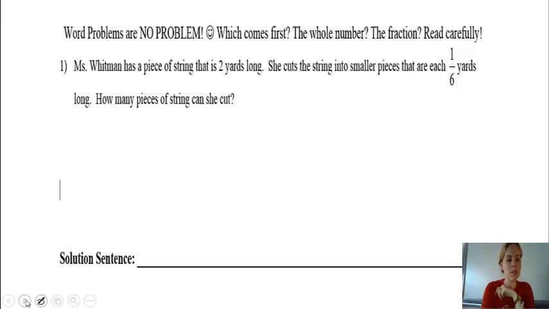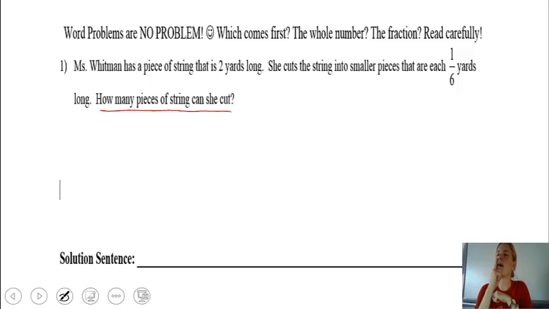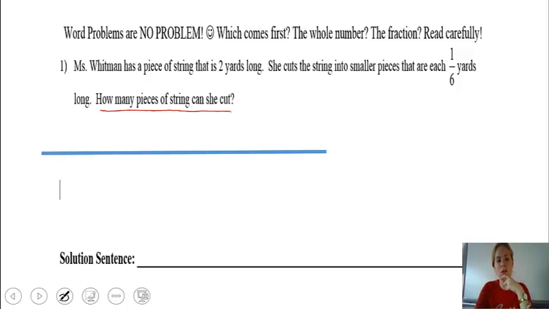Well, first, I'm definitely going to underline how many pieces of string. And this reminds me of those questions we would write about how many pieces of pizza do I have? Well, how much string did I start out with? I started off with a piece of string that was 1 yard long. Here's my 1 yard. And here's my 2nd yard.